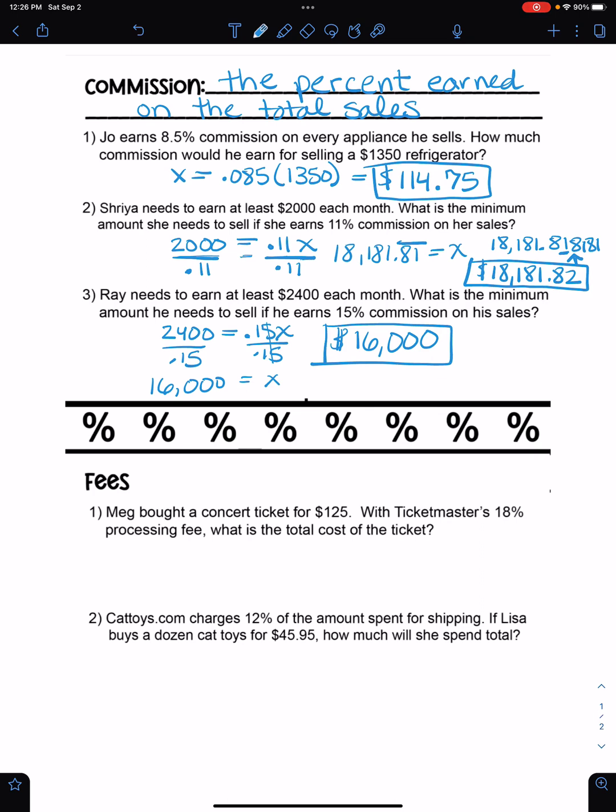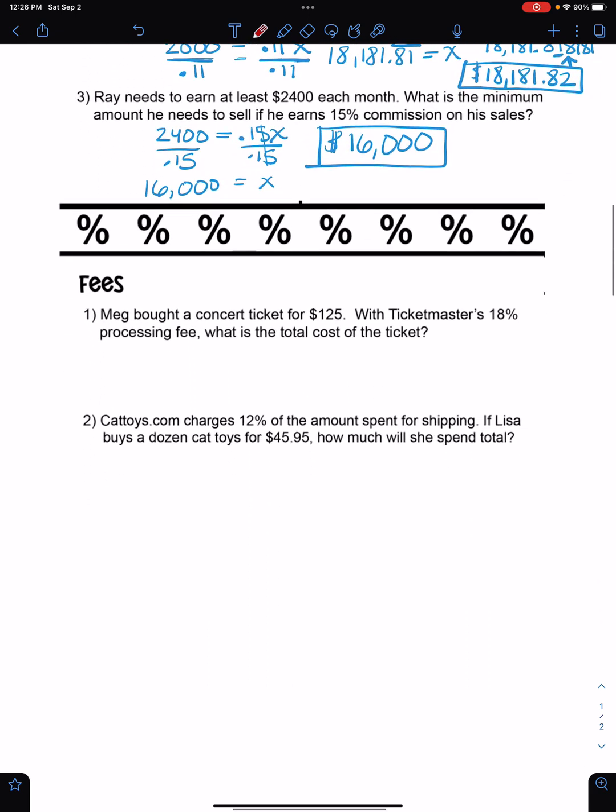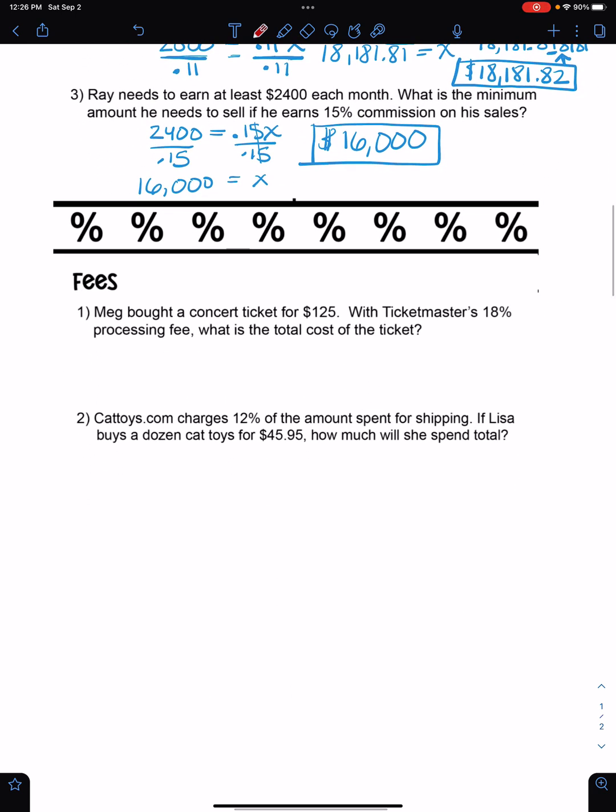All right, so fees, like commission, are just a percent of the price. Let's try one. Meg bought a concert ticket for $125. And we all know that if you buy a ticket on StubHub or SeatGeek or Ticketmaster, all of those sites are going to charge you a processing fee, and sometimes even more than a processing fee.